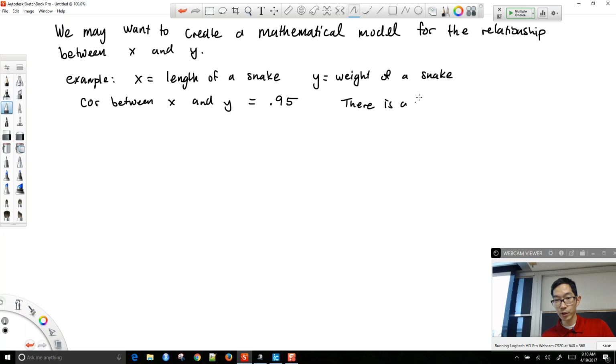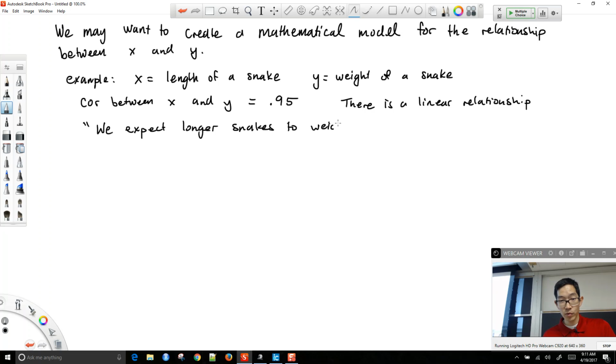So if we create a scatter plot, we see a linear relationship. What we can say so far is that we expect longer snakes to weigh more than shorter snakes.